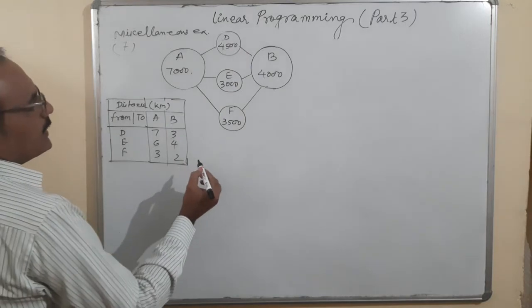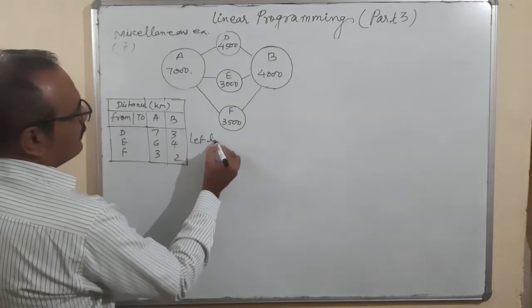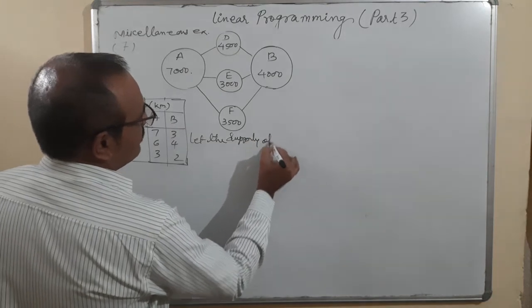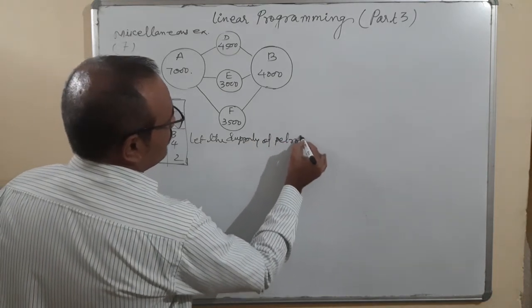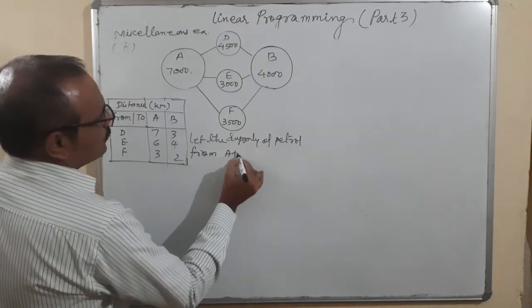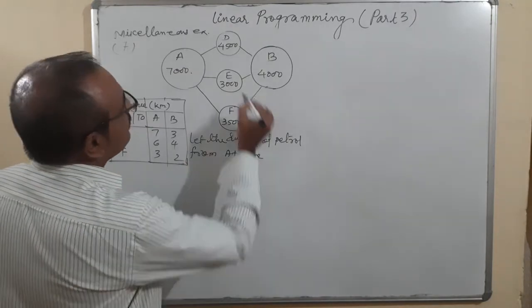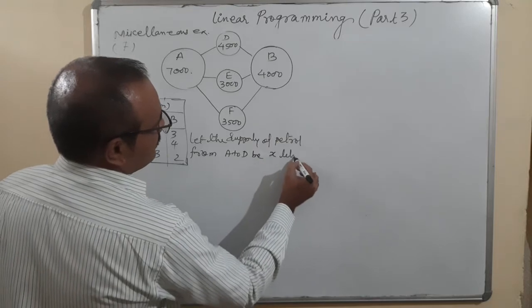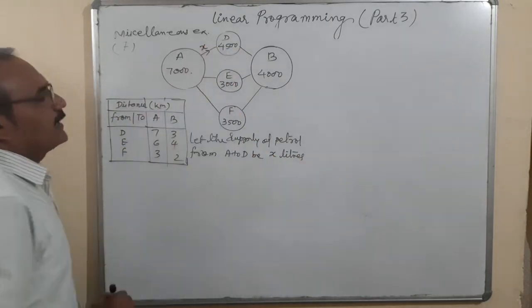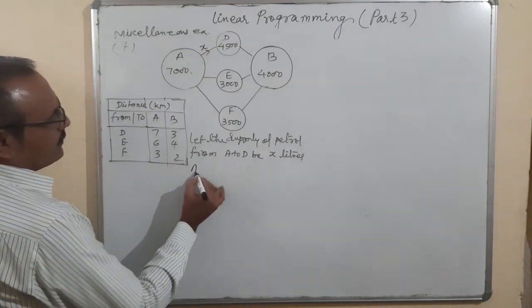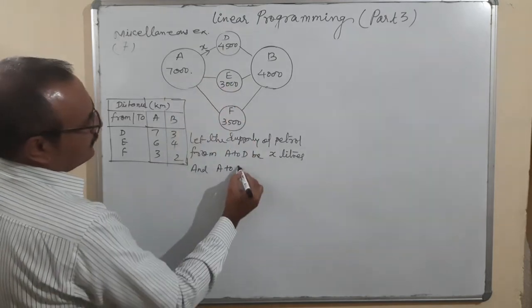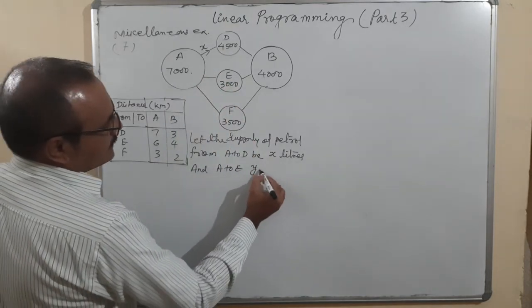So let the supply of petrol from A to D be X liters. And now I'm writing directly: A to E, Y liters.